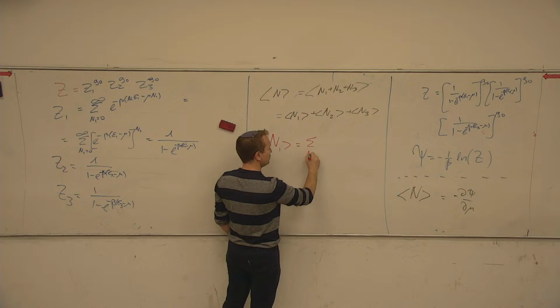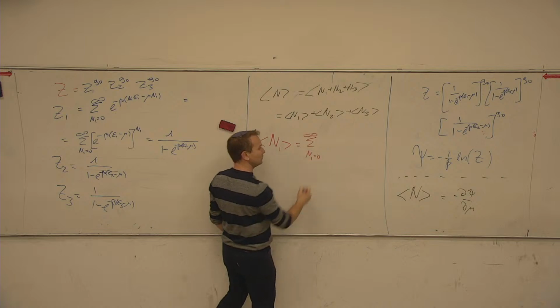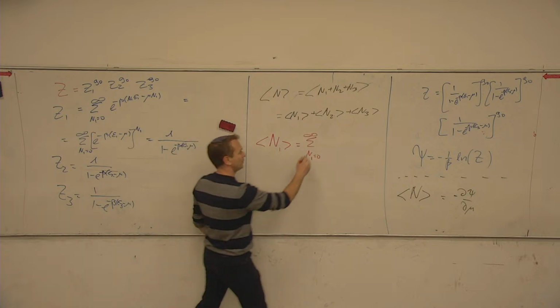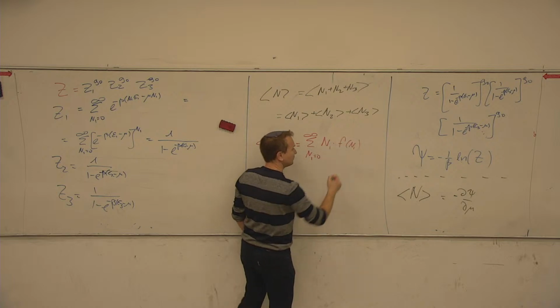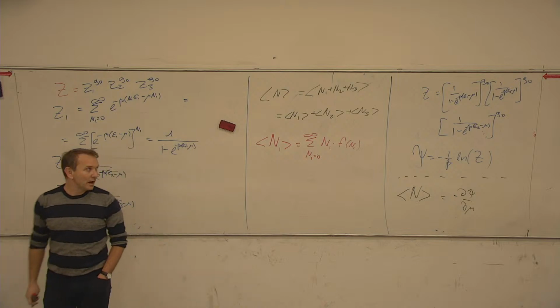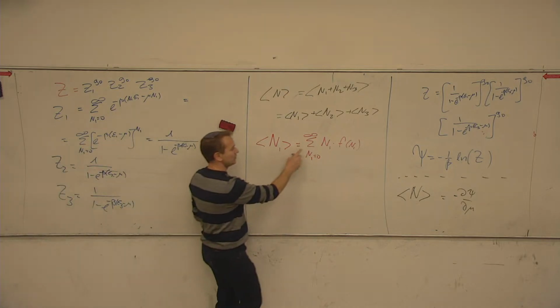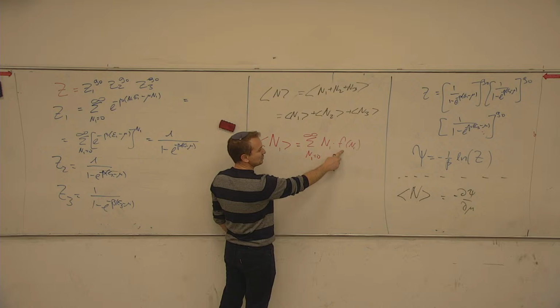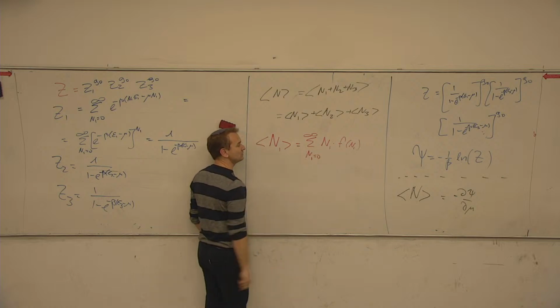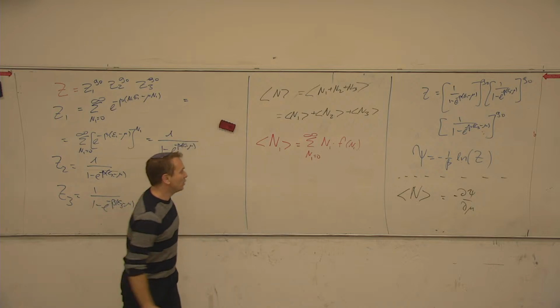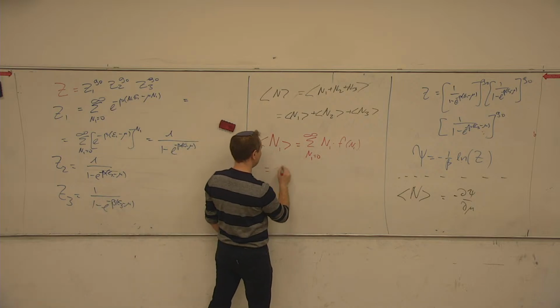So it is the sum as n1 goes from 0 to infinity of n1 times F of n1. So the average is the value of n1 multiplied by the probability of getting n1, summing over all the possible values that n1 can get. What is this F of n1?